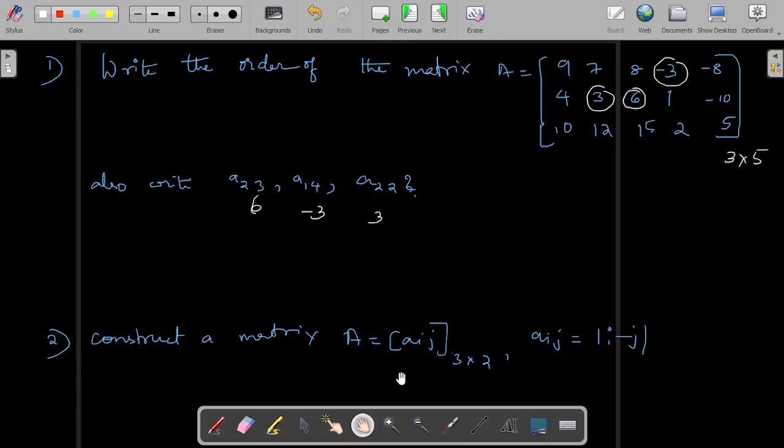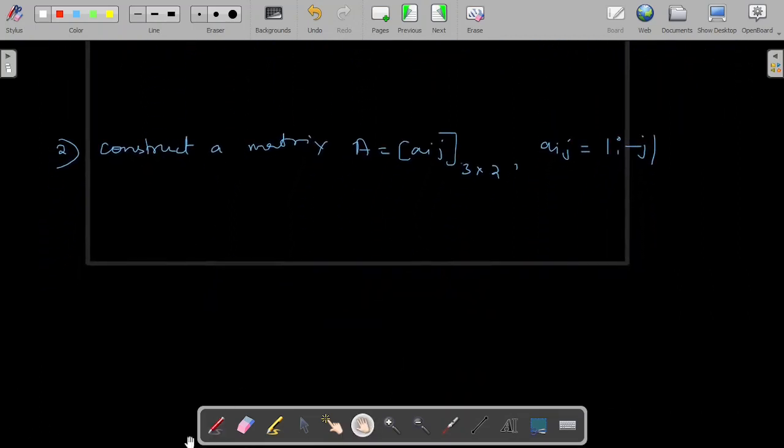Now construct a matrix A equal to [aij], 3 by 2. The order is given, and the ith row, jth column element is given as modulus of i minus j. Order 3 by 2 means there should be 3 rows and 2 columns. So total elements in the matrix should be 3 into 2, 6. An m by n matrix has mn elements, so here 3 into 2, 6 elements.